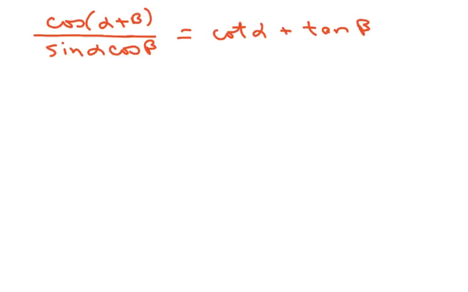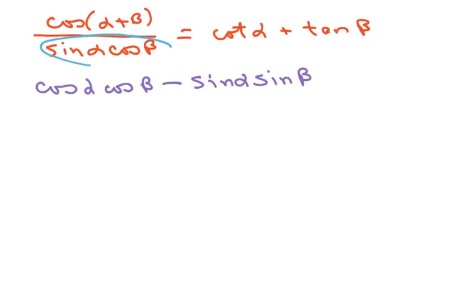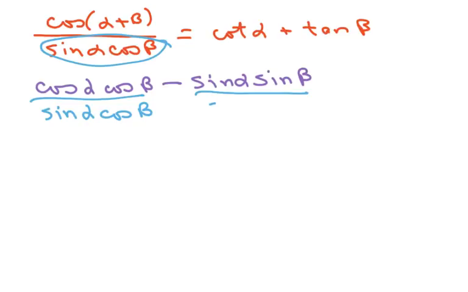Okay, the next one, same thing here. Cosine of alpha, cosine of beta, and we put minus sine of alpha, sine of beta, and I'm going to go ahead and put my denominator under each piece. See what happens. We get sine of alpha, cosine of beta, and here we get a sine of alpha, cosine of beta.